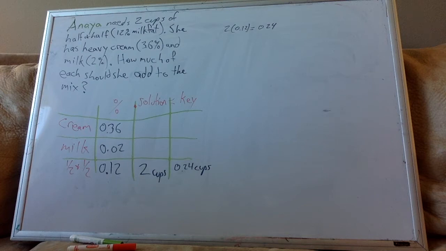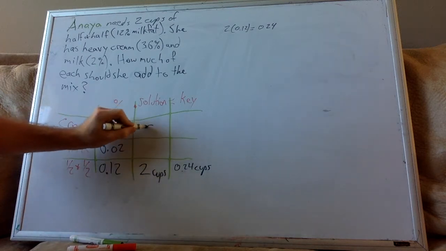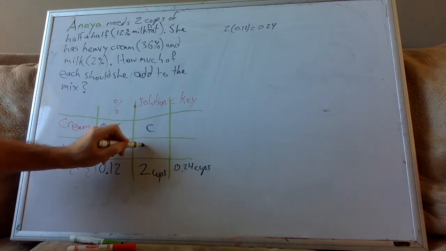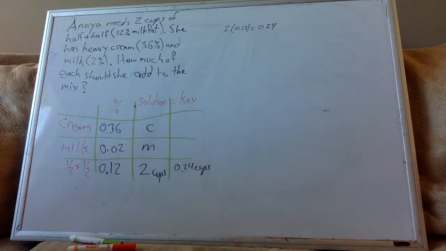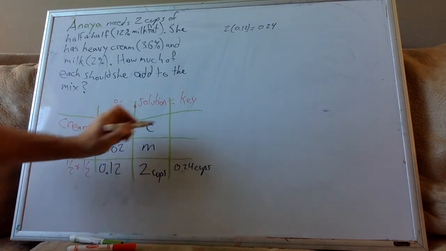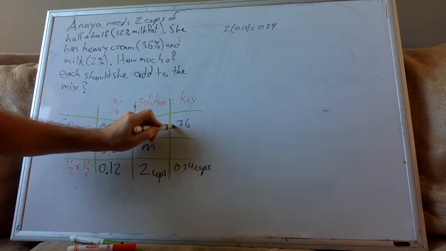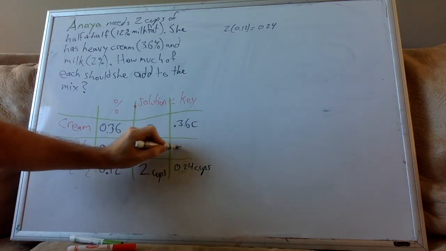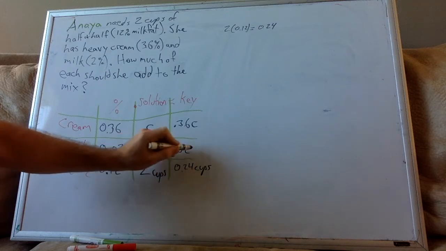So I'll call the amount of cream that I put in C, and the amount of milk that I put in M. Then the amount of milk fat, my key ingredient, that I'm going to get is 36 hundredths C from the cream, and 2 hundredths M from the milk.